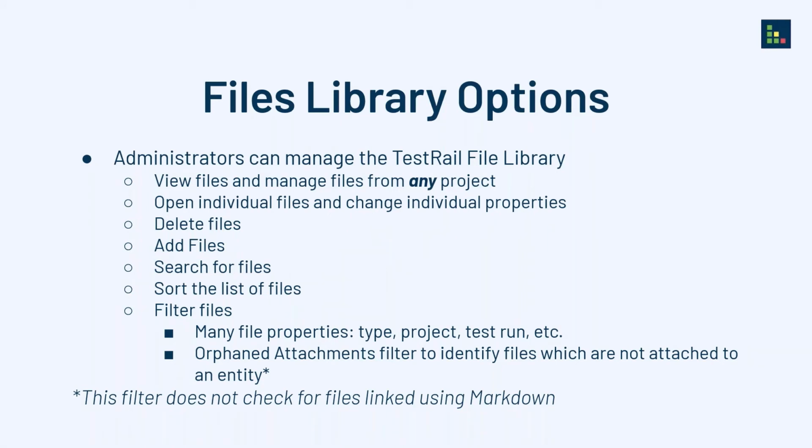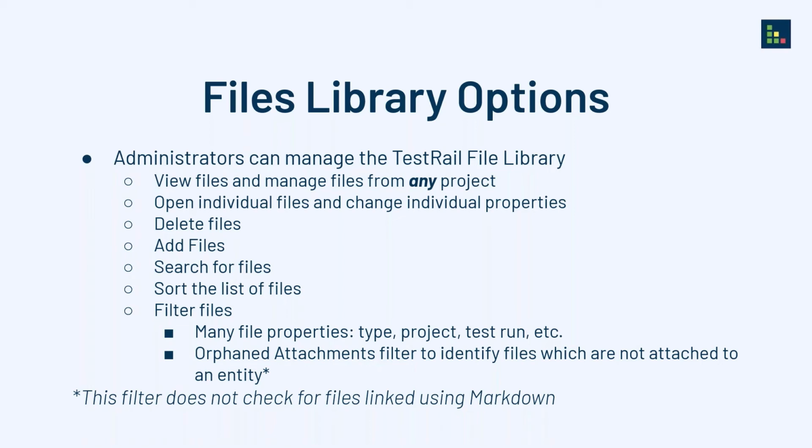Similar to the media library inside an individual project, administrators will be able to view all the files and manage them. But the difference here is that they'll see all projects and all attachments. They can open individual files and change properties, delete files, add more files, search for these files, and also sort through the list of files.